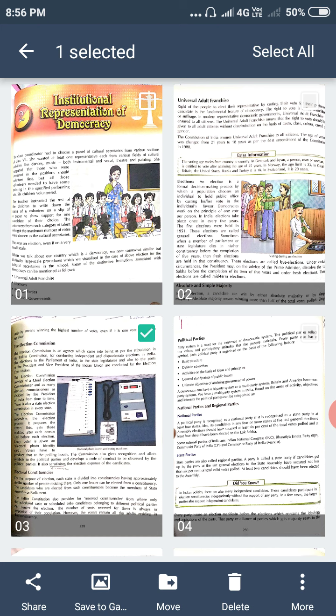In our country, the age of voting is 18 years. So all the adults who are 18 years of age or above have the right to vote without any discrimination. That is called universal adult franchise.